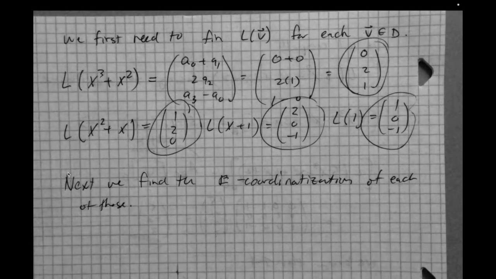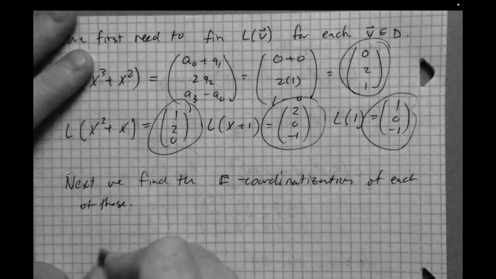To do that we have to solve four systems, don't we? Feel free to solve those four systems, but to expedite that, I'm going to find the inverse of the transition matrix from the standard basis C to E. I'm going to call that Q.